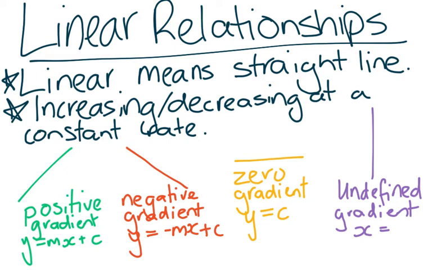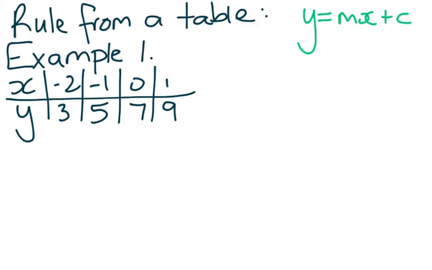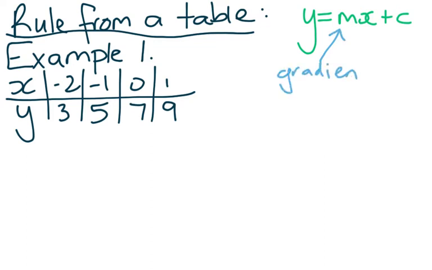So we'll move on to our first example now, which is finding the rule from a table. So I've just written the general formula again, which is y equals mx plus c. Now the y and the x, they obviously come from the x and y axes. The m is the gradient and the c is the y-intercept. So I am just going to write those down. m is gradient and c is your y-intercept.